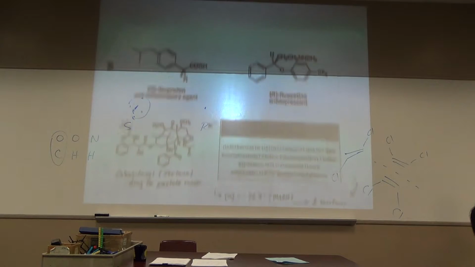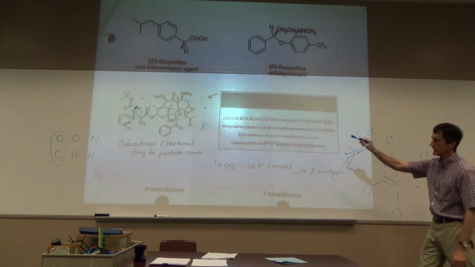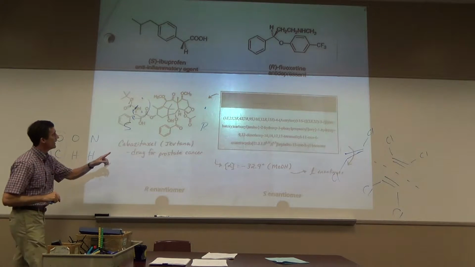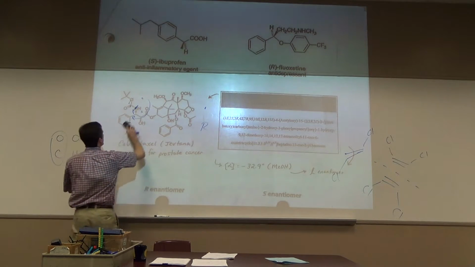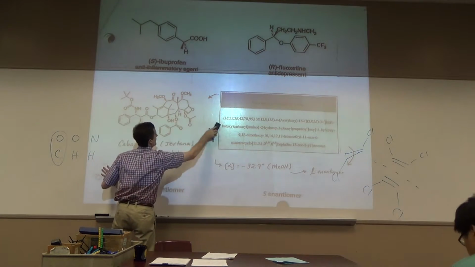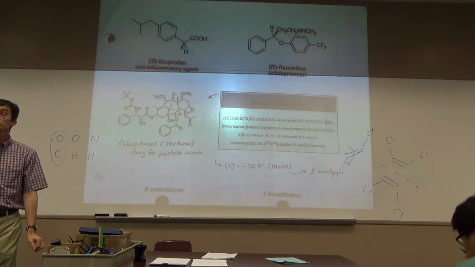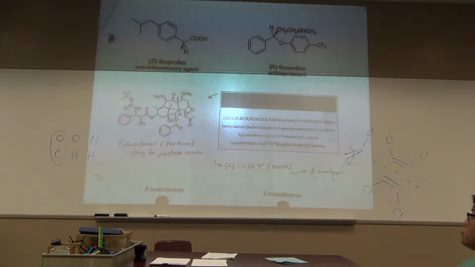Here's one thing I really want to make sure you see here: look at this big compound. The drug for prostate cancer, a pretty large structure. I could ask you how many chiral carbons are in this compound. Maybe it would take a while to count them up.